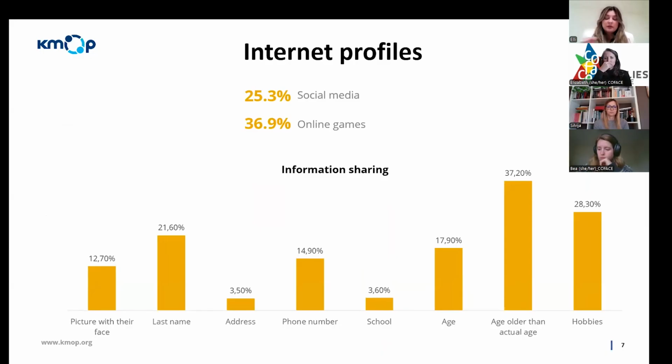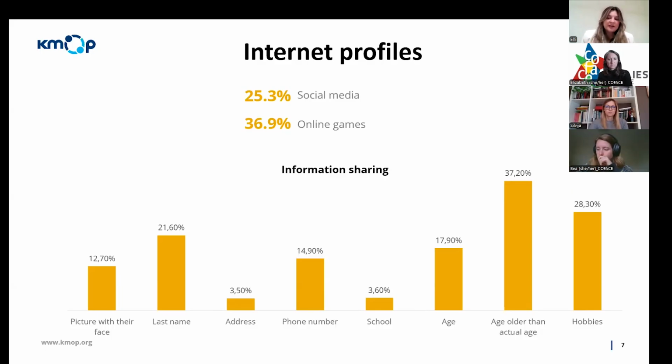So in this regard, 1 in 8 shares a picture with their face, 1 in 7 their phone number, 1 in 5 their last name and age, 1 in 3 an age older than their real one, and 1 in 4 their hobbies and interests.